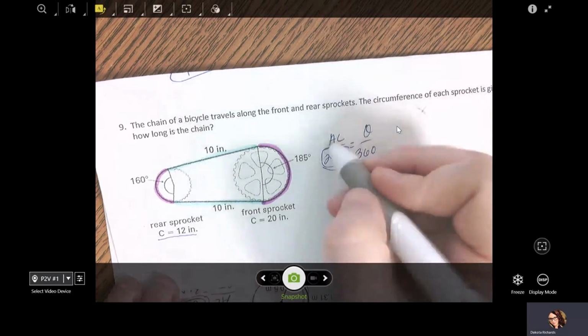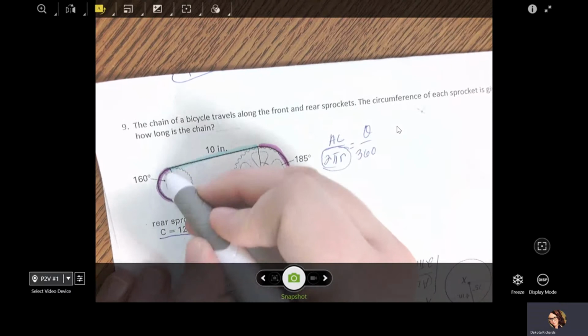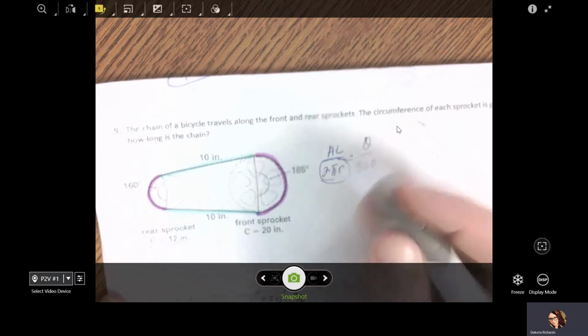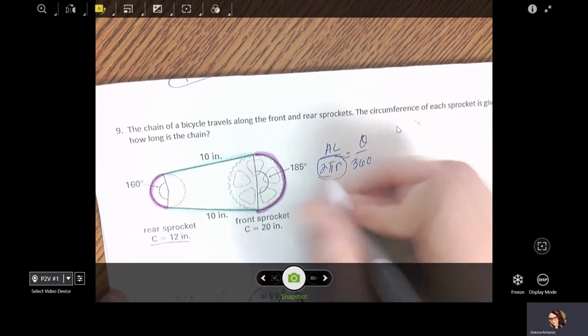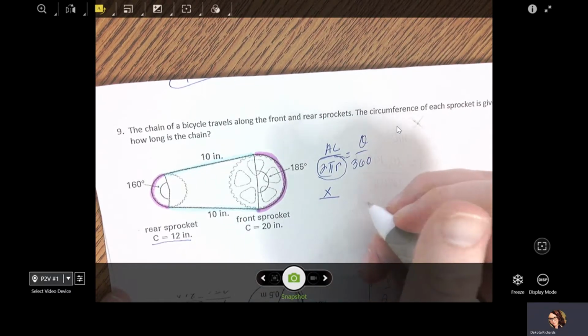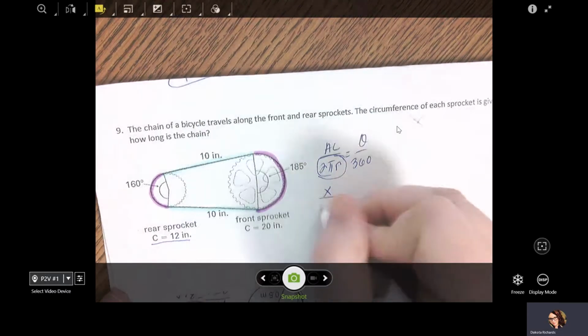Okay. So the arc length is what we are trying to find. We're trying to find that distance. Remember, length is going to be in linear units. That's going to be our x. And then you have 2 pi r, which is circumference, but they already give you that, so the 12 goes here.